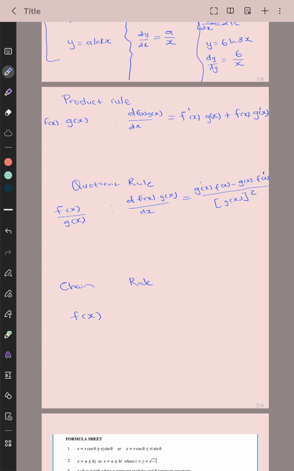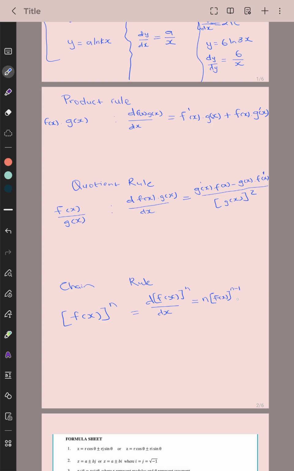If I have a function f of x to the power of n, then to differentiate it I am going to first do the power rule, leaving the inside as it is, and then differentiate the inside. So I have n times f of x to the power n minus 1, literally the power rule.